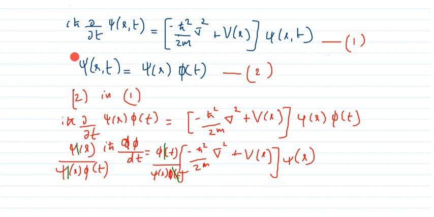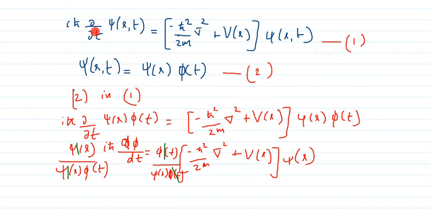Now once we have this separated form, we apply it in the time dependent Schrodinger equation, which is given in equation 1. So I am going to substitute equation 2 in equation 1. When you substitute, you have to remember that on the left hand side we have only a time differential, and on the right hand side we have only a space differential.